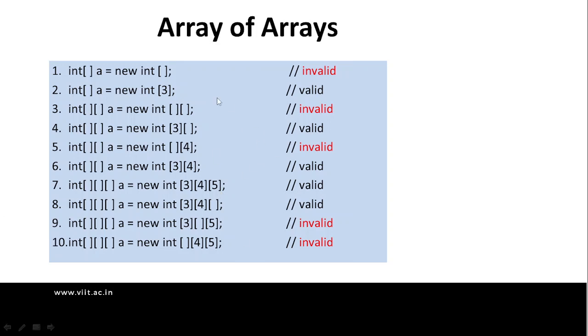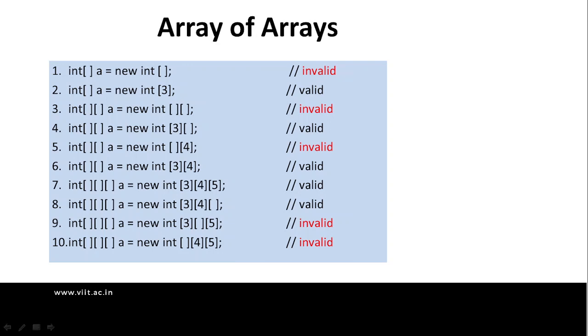So these are a total of 10 statements, some valid and some invalid. The first statement, integer array a equal to new integer array, if you declare it this way, is an invalid declaration.